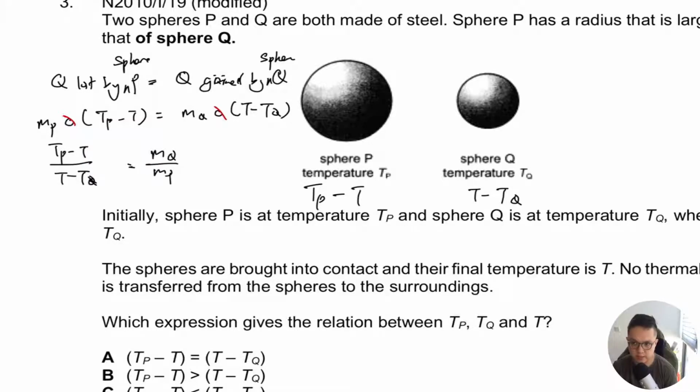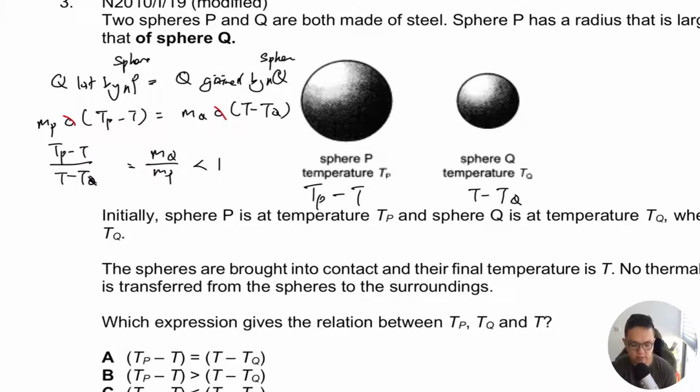Actually, is there a need to expand this? Okay, you can see that if they're made of the same material, P will have a larger mass. So if P has a larger mass, that means this ratio here is less than 1.